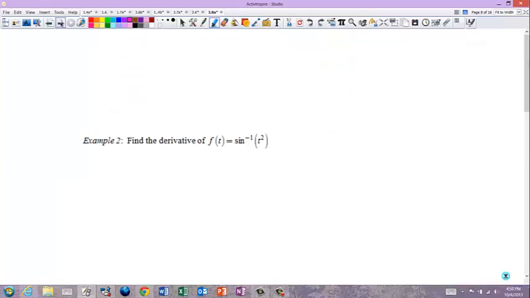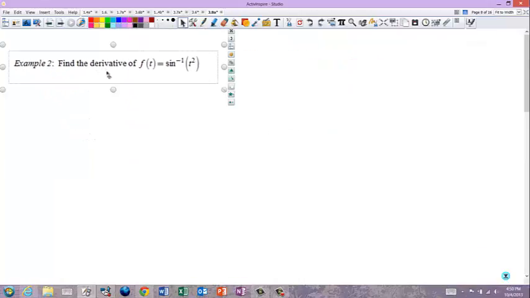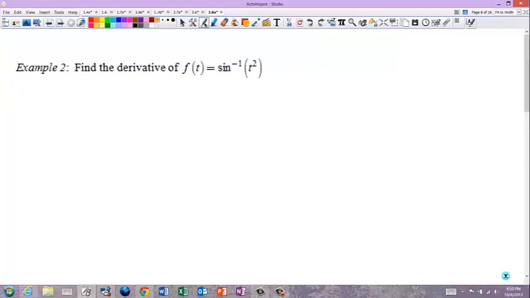So here we go. Find the derivative of inverse sine of t squared. Now this is a chain rule. The derivative of inverse sine of u accounts for the chain rule. It's really just 1 over the square root of 1 minus u squared, but then you have to multiply by the derivative of the inside, u prime.